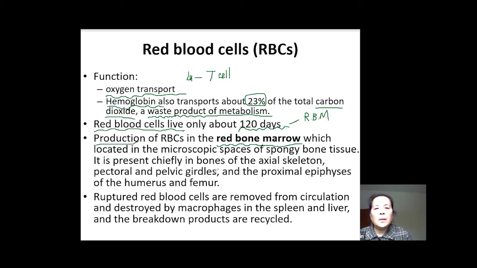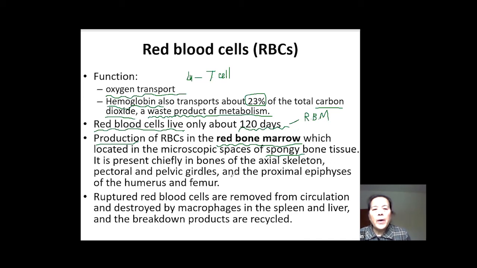Red bone marrow is basically in some space we call spongy bone, like flat bones and the head part of the long bone. That's basically where red bone marrow is located, and in there they produce red blood cells.